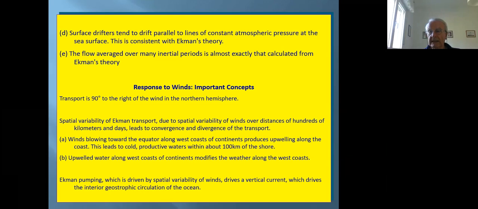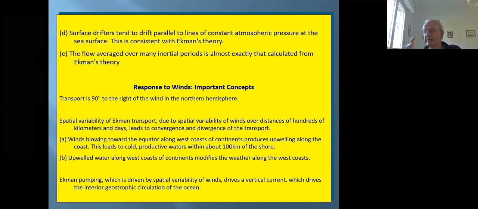An important aspect of this influence of wind in the coastal areas, which creates the upwelling, is that the upwelled water is colder, so it modifies the weather along the west coast.